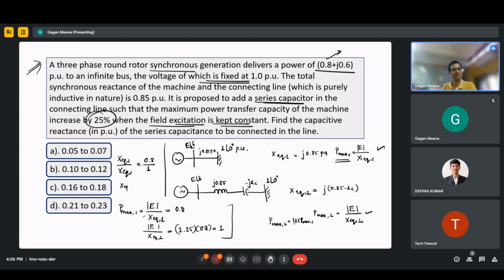So XEQ2 is 0.8 times XEQ1. So how much is this? 0.68. So how much is XC then?